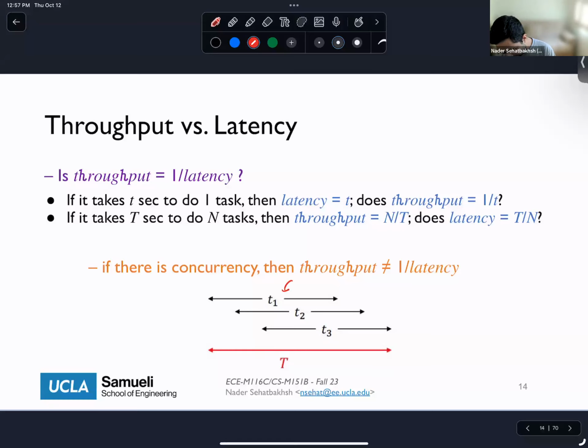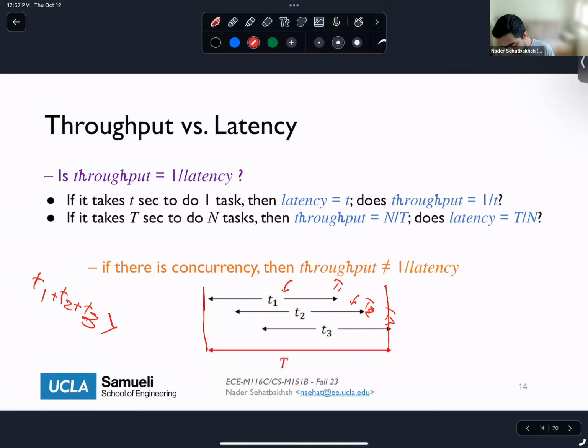Let's say we have 3 different tasks, task 1, task 2, and task 3. In this case, as you can see, the time it takes for these tasks to finish is T. So the latency for finishing these 3 tasks together is T. But if you actually added the individual latency of each one, you would get a much bigger number.